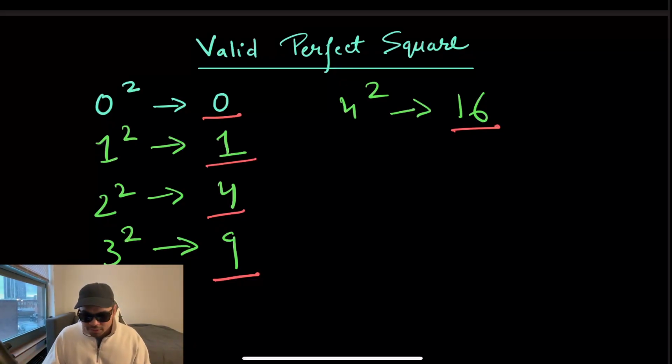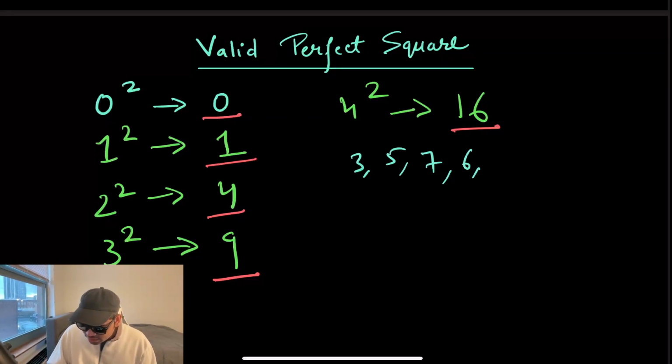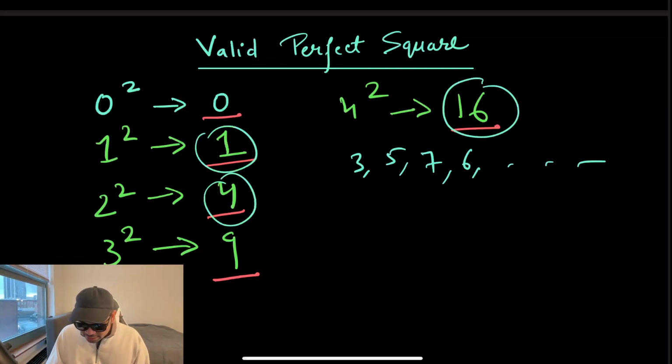What is not a perfect square? Any other integer between these numbers, basically 3 or 5 or 7 or 6 and so on. So we are given numbers like this, and we have to tell if they are perfect squares or not.